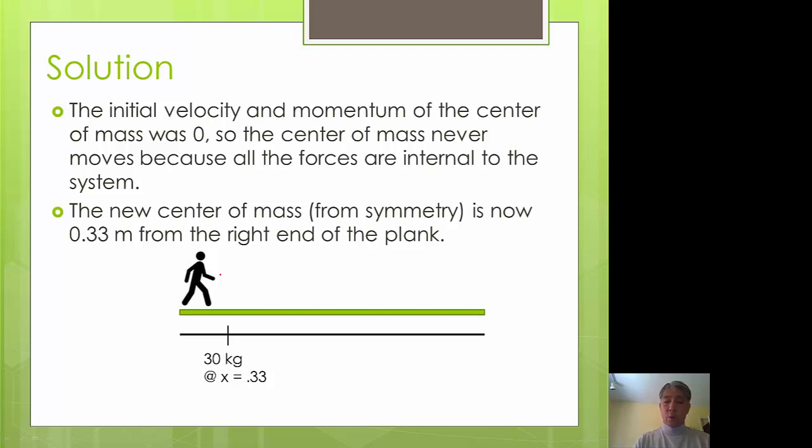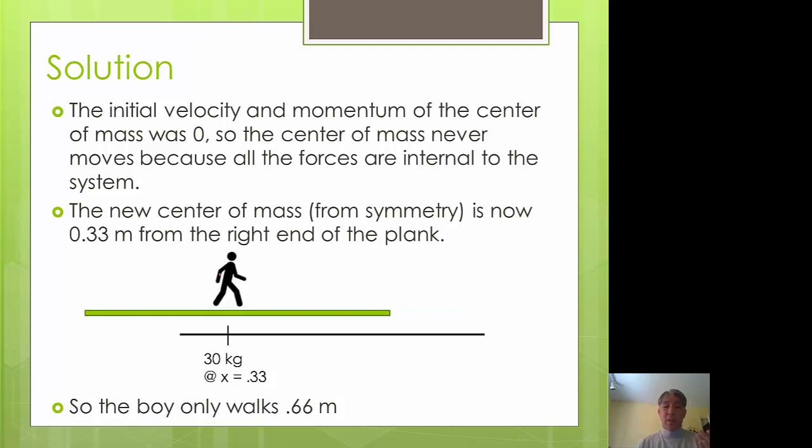So let's draw what that looks like, or animate that as he walks across. Basically he walks forward to the end of the plank, and now the center of mass is 0.33 meters from the end of the plank. If you look at it, it means the boy only walked 0.66 meters.